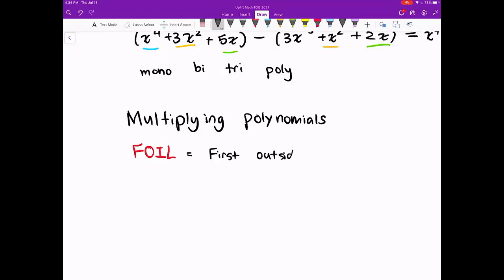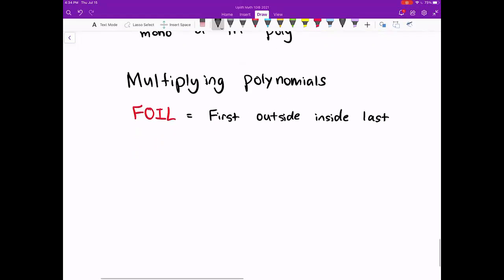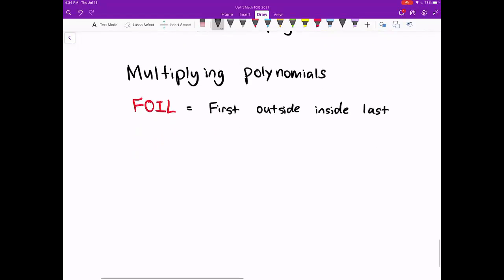What it basically describes is the order in which we multiply binomials. It's going to be different if, for example, you have trinomials multiplied together, that's going to have a different set, but this is just for binomials and it's a nice way to remember it. So we should have an example of this.